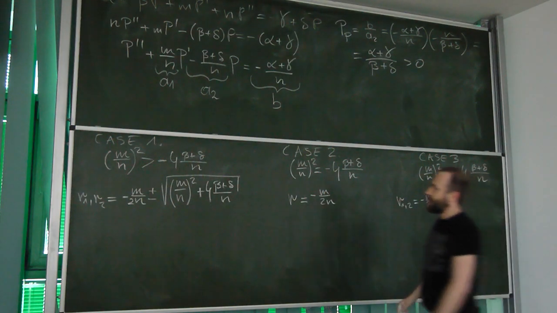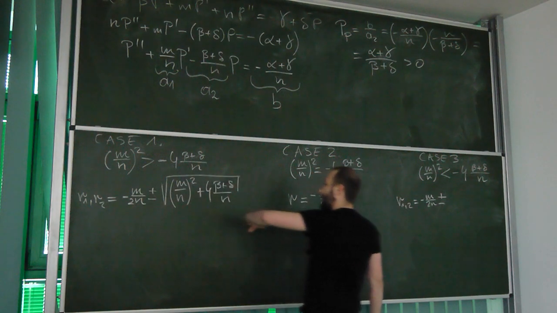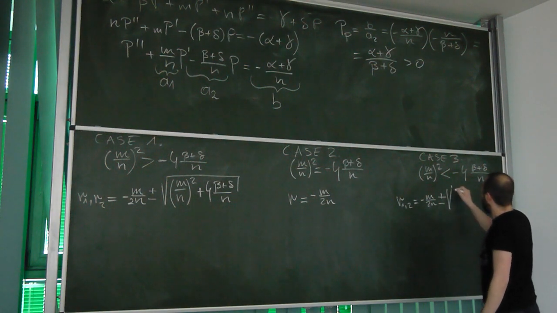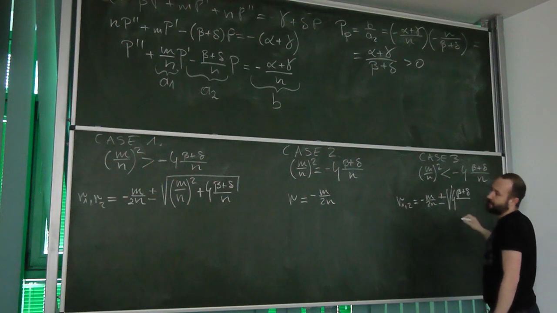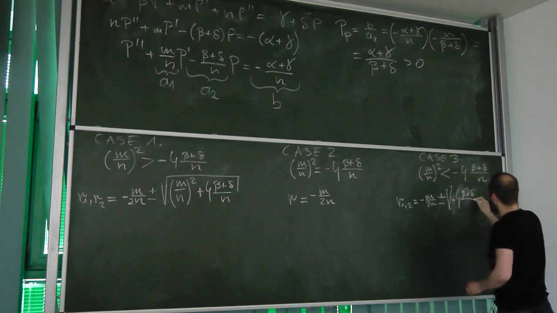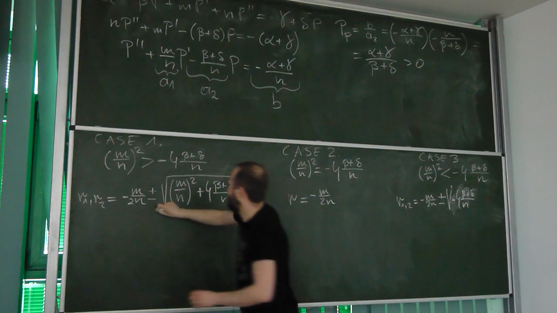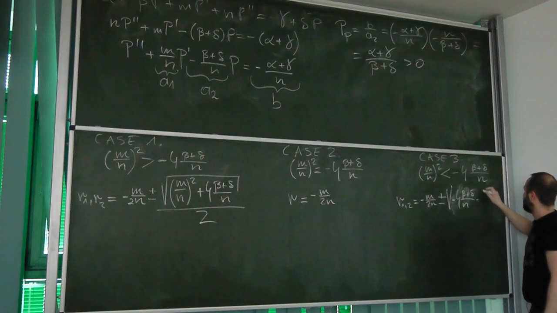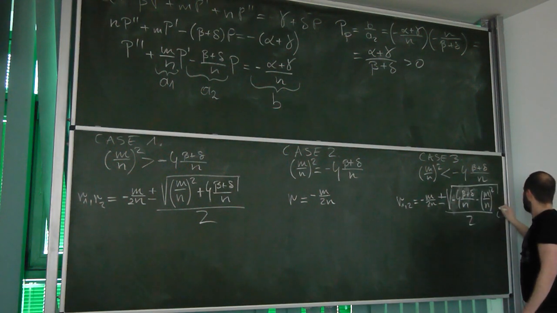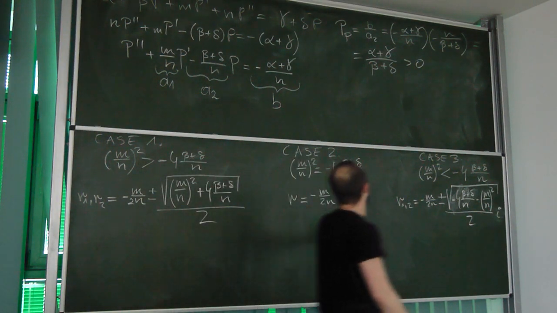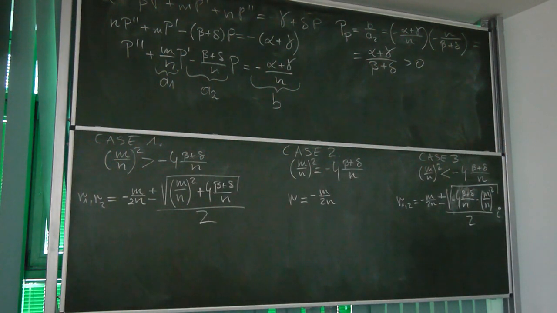We need to change the signs of everything inside the root and take a negative 1 out, so we get negative 4 times beta plus delta over n minus m over n squared, of course here divided by 2, and then i.